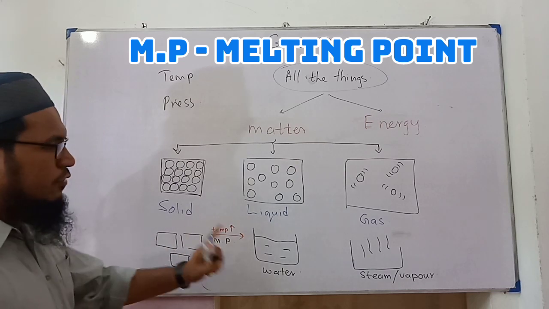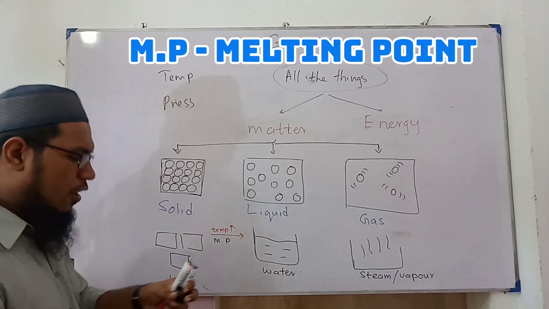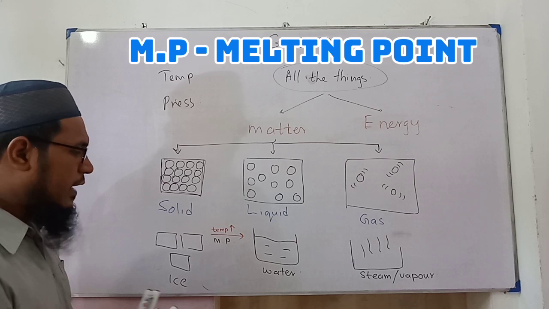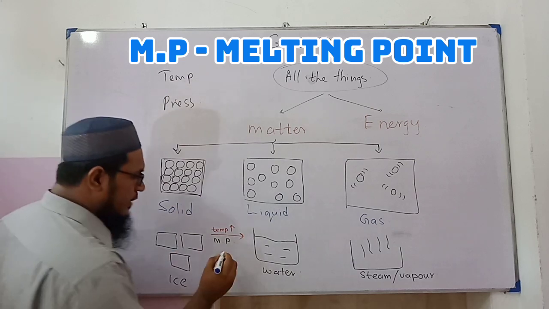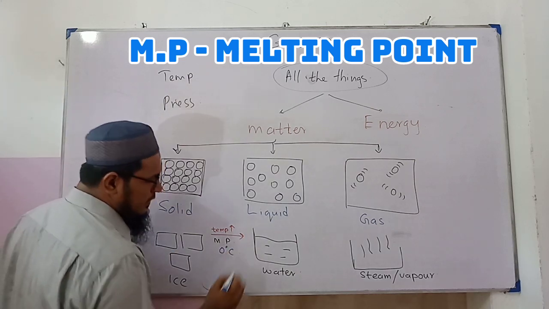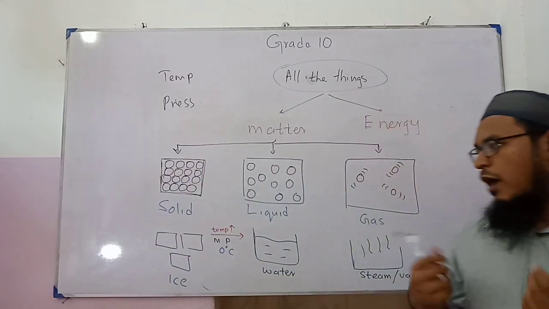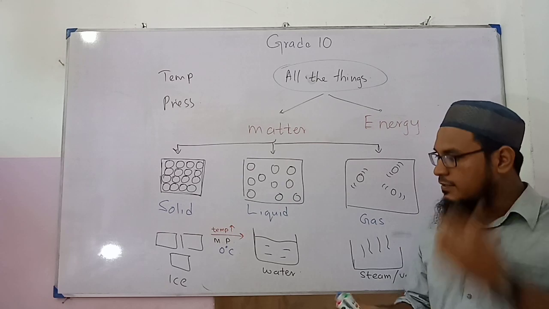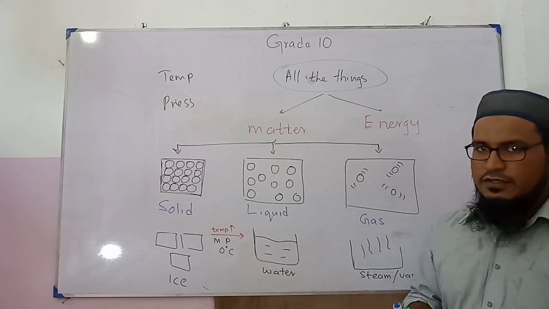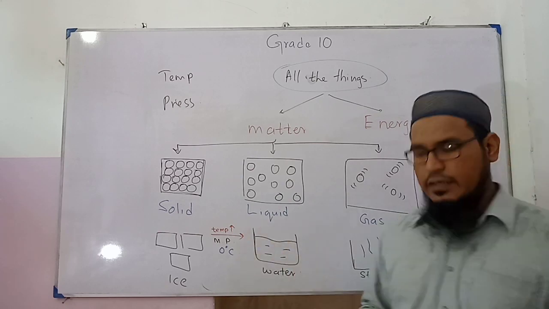Solid changing to liquid is called the melting point. Normally we consider the melting point of water as 0 degrees Celsius. For other substances, the melting point differs.